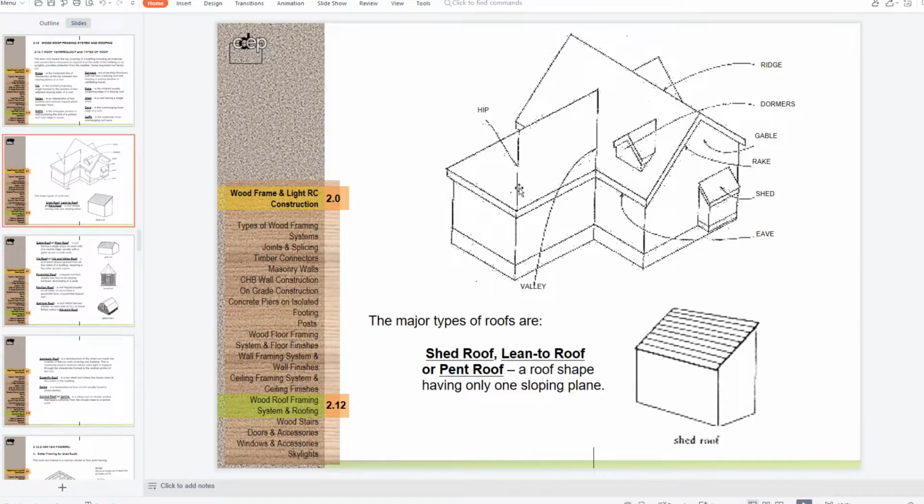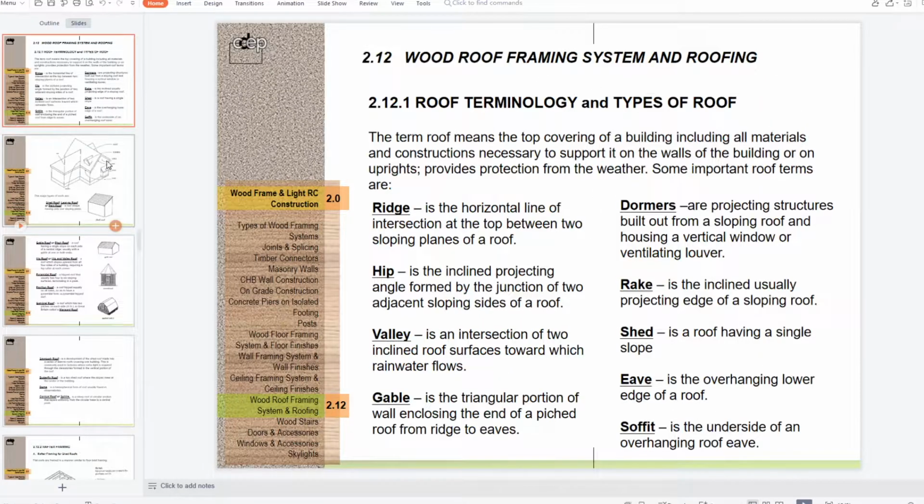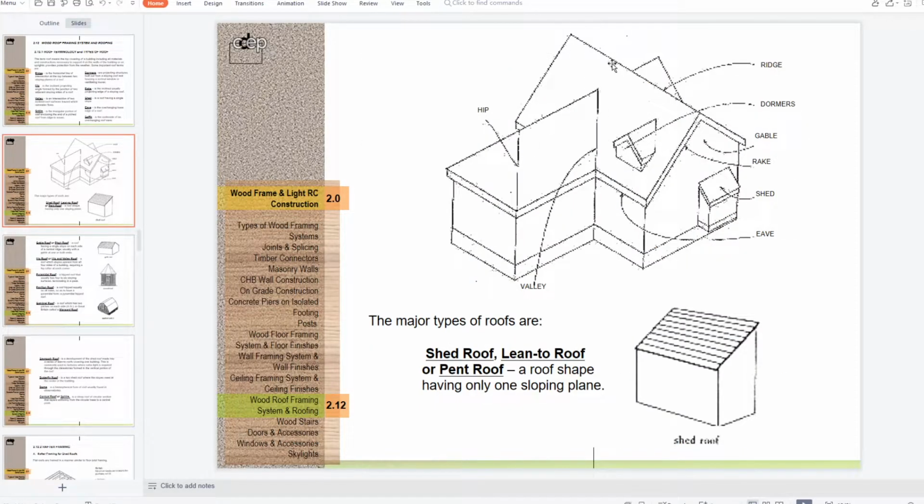So ang kinalain nila sang ridge, duwa ka faces nga naka-intersect siya within the X or Y axis, or 90 degrees to 180 degrees.